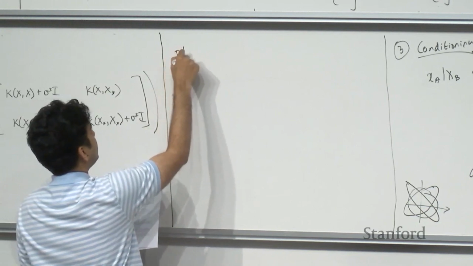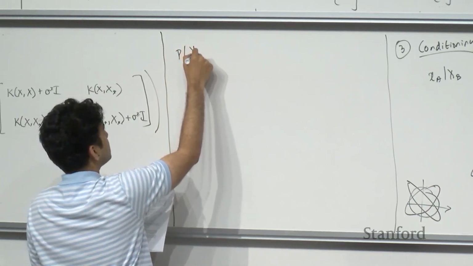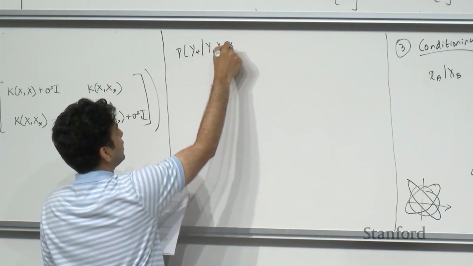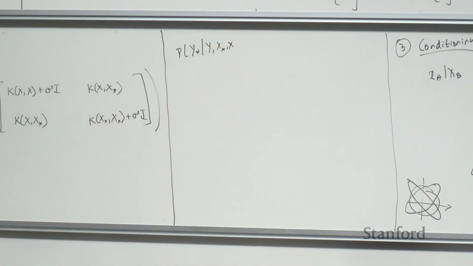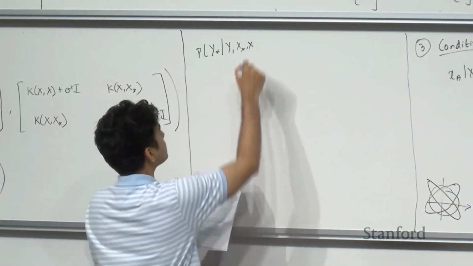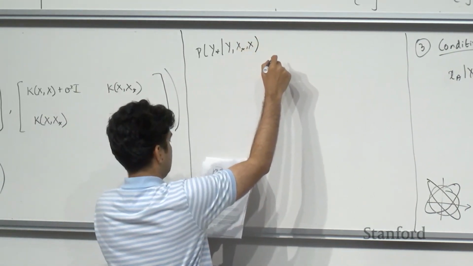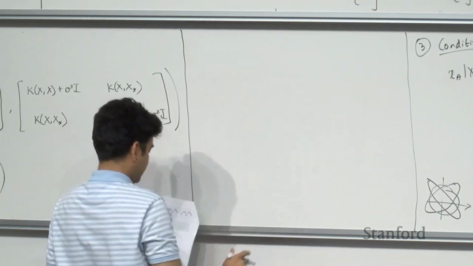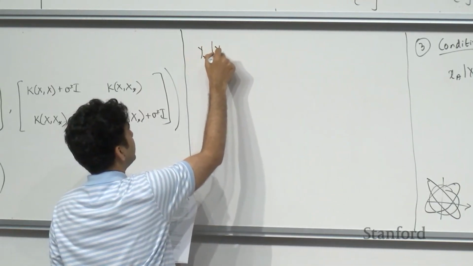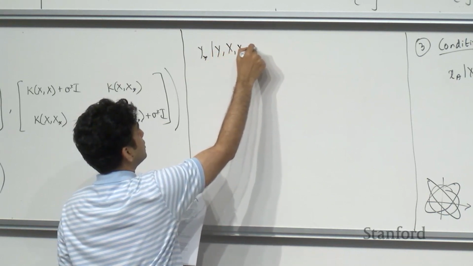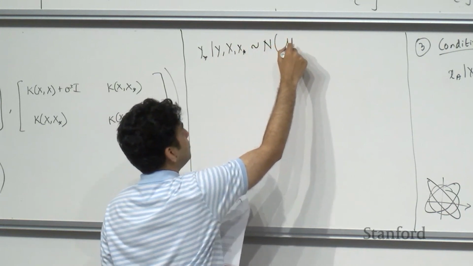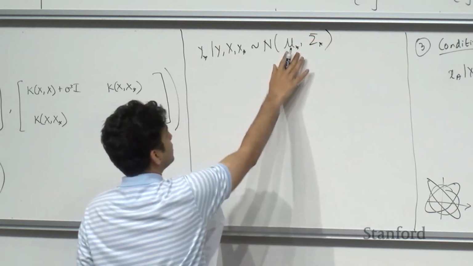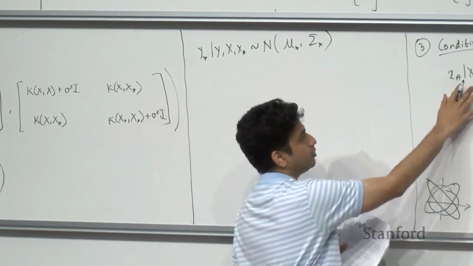So the probability of y star given y, and x star and x, x star is kind of implicit in the indices that we have chosen, or another way to put it is y star given y, x star is distributed according to a normal distribution with some mean mu, call it mu star, and some covariance sigma star, where this mu star and sigma star are calculated according to this conditioning rule.